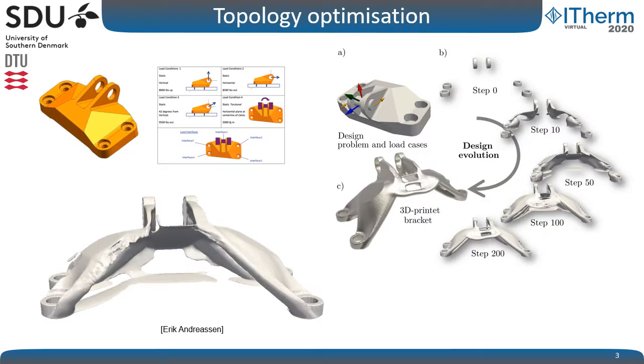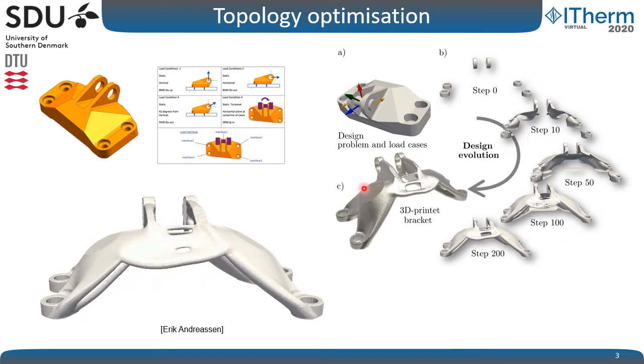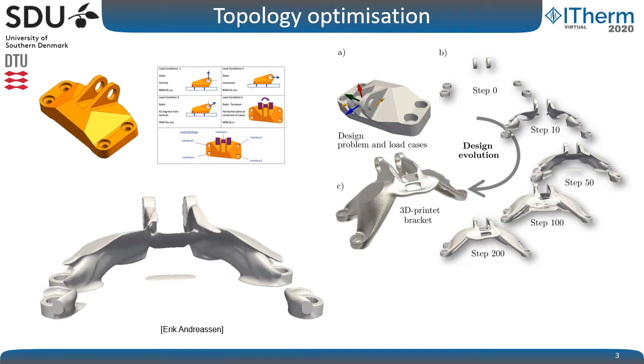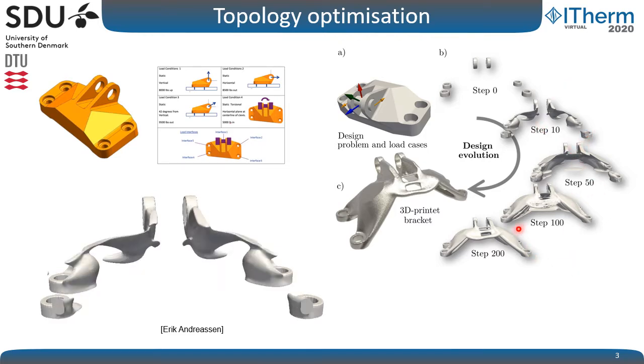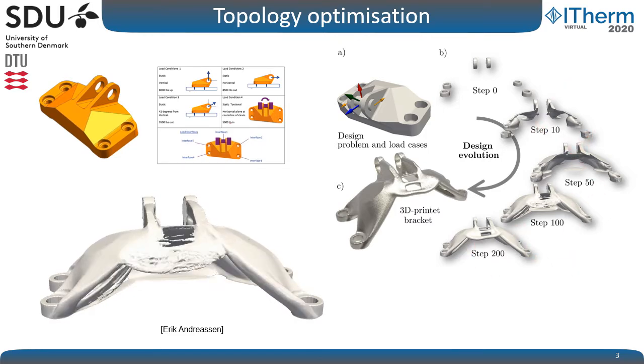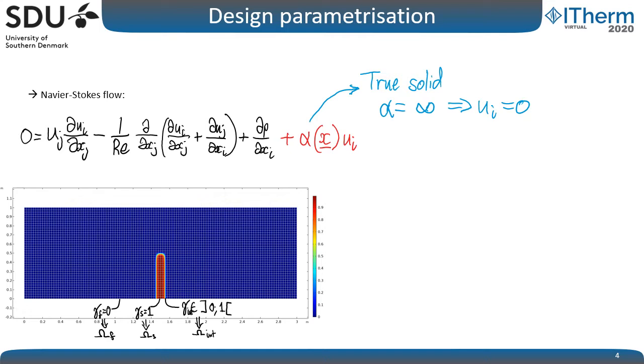Topology optimization is an iterative method that aims to determine whether each point in space should be solid or not. It's an iterative process where multiple simulations are carried out in between design updates. The design parameterization for flow is that we have the ordinary Navier-Stokes flow, and then we add this Brinkmann penalty term that for a true solid should be infinite, so we get zero velocities inside.